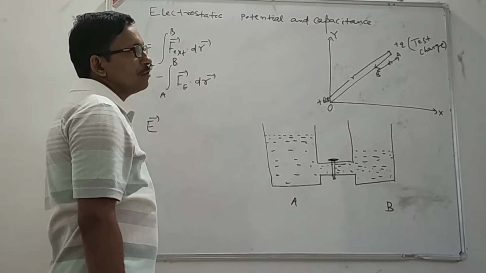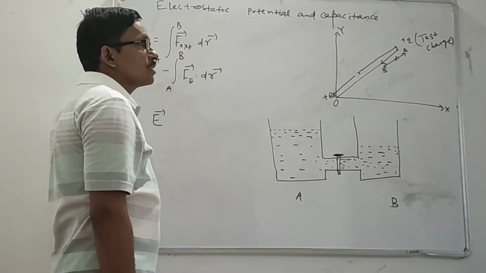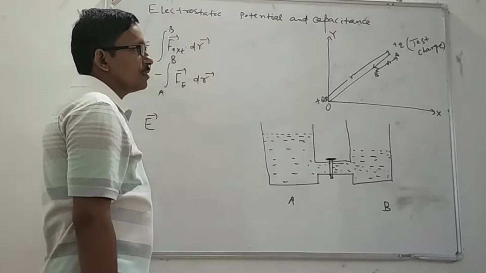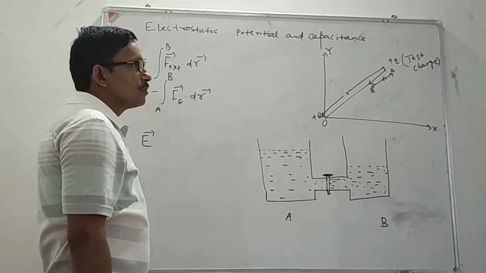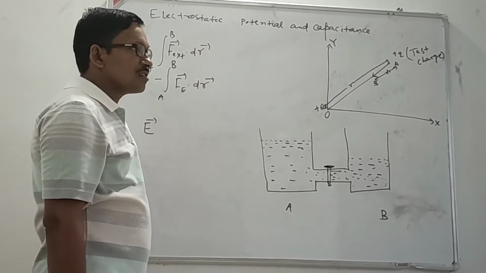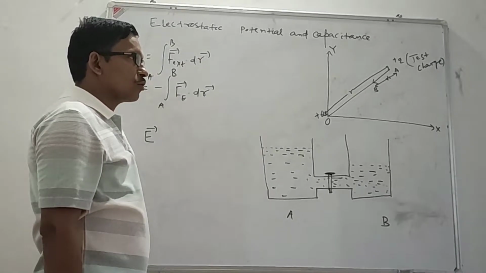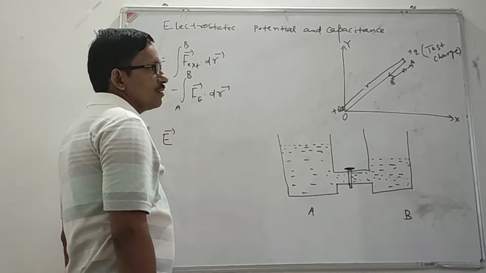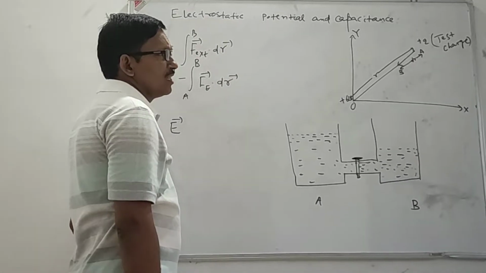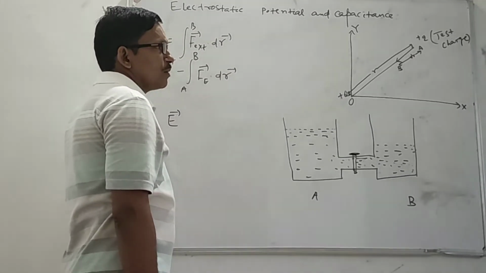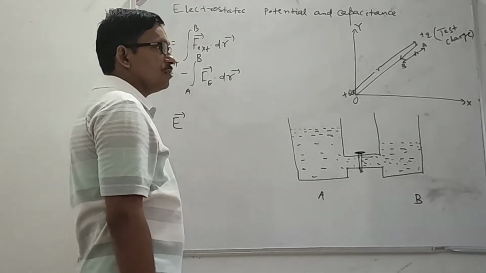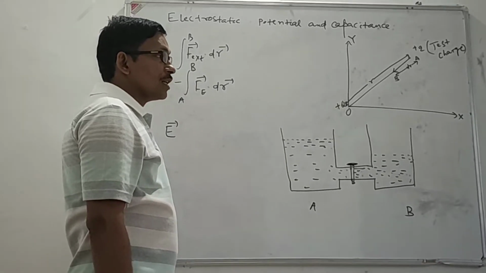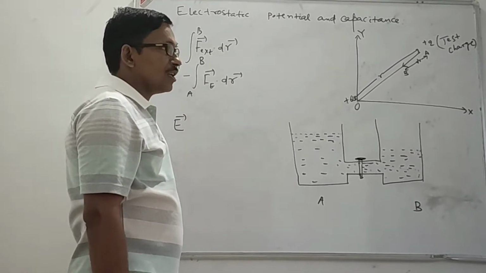If you want to move the charge q from point A to point B, some work is to be done against the repulsive electrostatic force. That work done in bringing the charge from point A to point B is stored as its electrostatic potential energy.